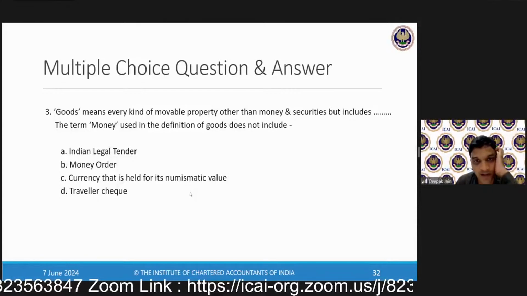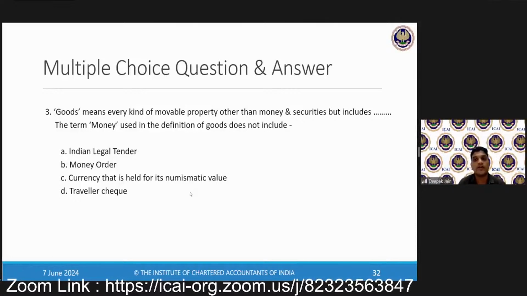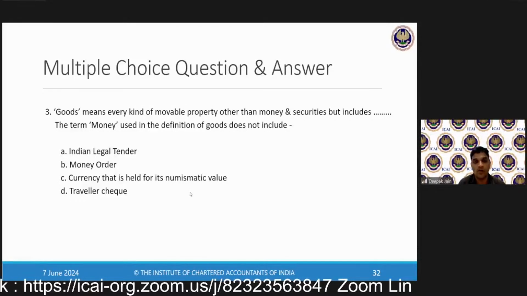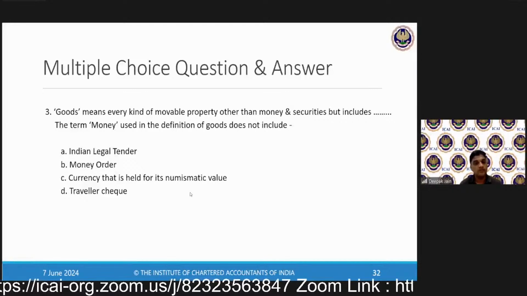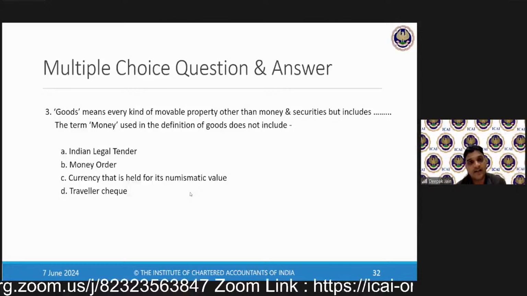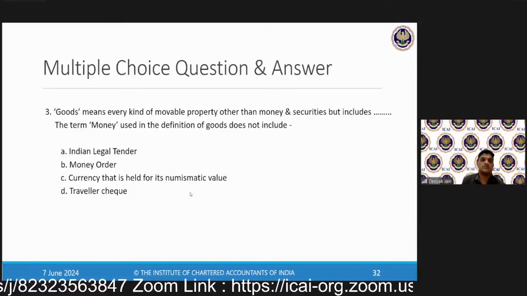I've got all the options, A, B, C, D. Everybody has given this option. No majority over here. Money does not include... Indian legal tender is money. Money order is also money.